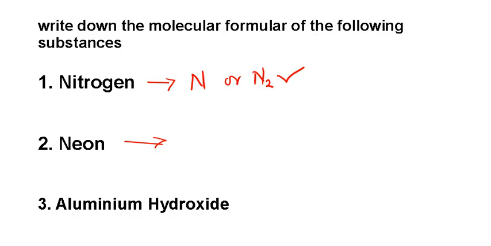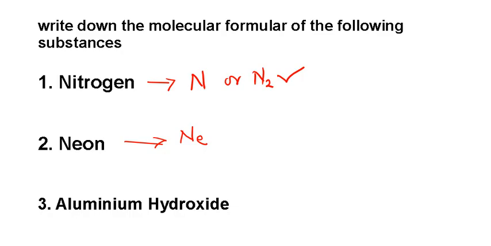What about that of aluminium hydroxide? For nitrogen and neon, they are elements. Nitrogen is an element, neon is an element.